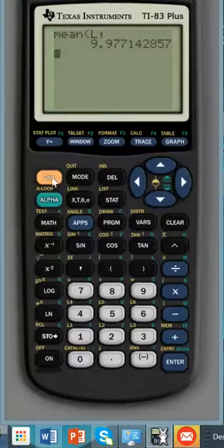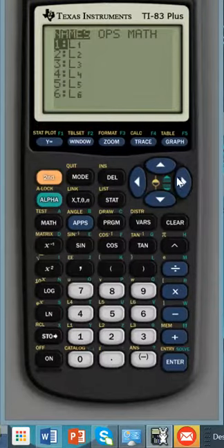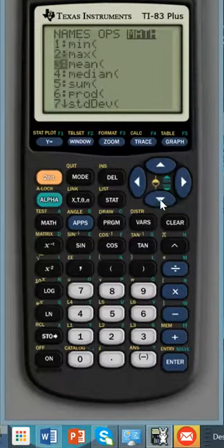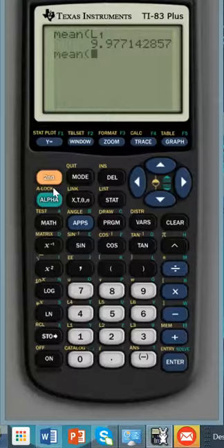Okay, if you take a look at the mean of L2, you'll find that it's 9.68.